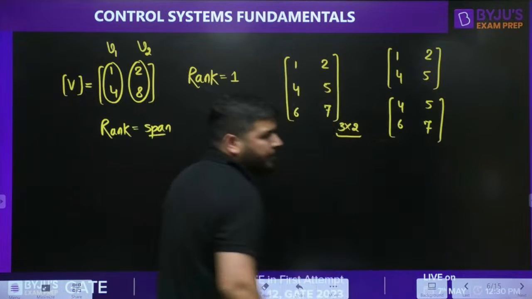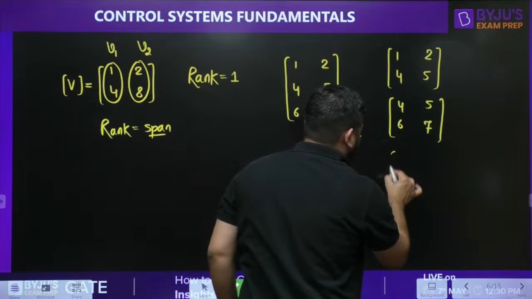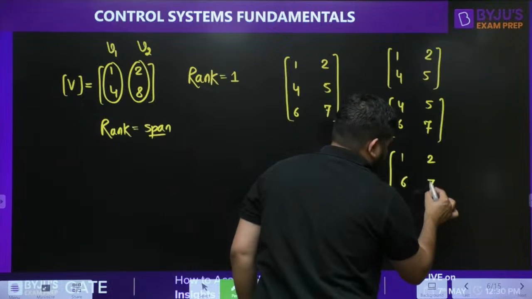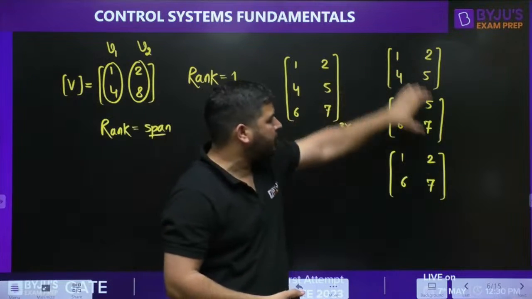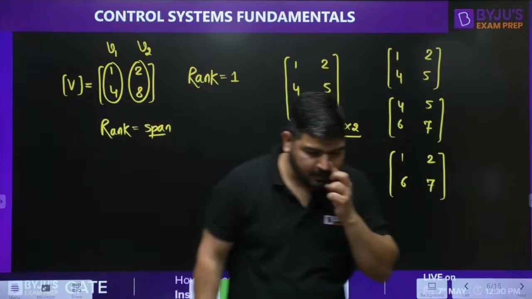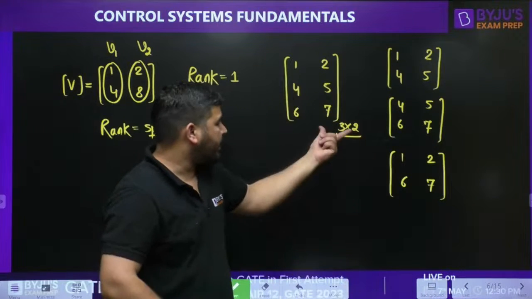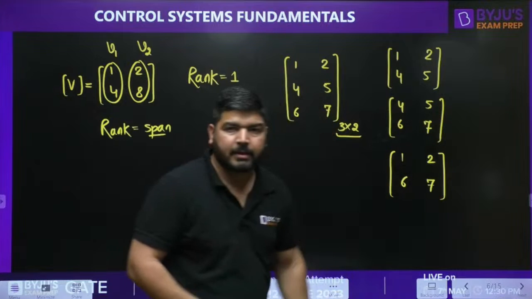This is again 2 by 2. Or you can take this row and this row: 1, 2, 6, 7. This way you can make all possible 2 by 2 matrices, because we have to go to the square matrix. This is not a square matrix, so we capture square matrices like this.